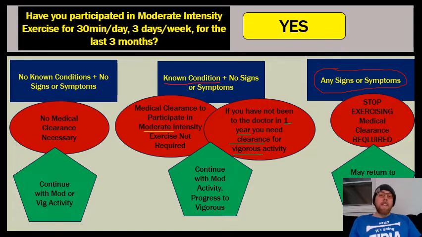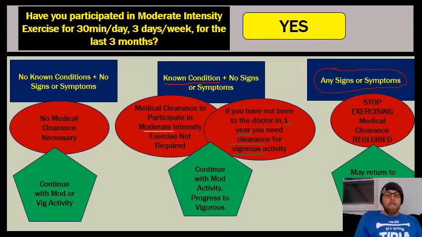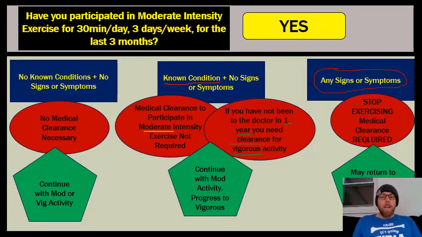If they say, yeah, I've been exercising 30 minutes a day, 3 days a week for the last 3 months, but they tell you they have any of these signs or symptoms, regardless if they have any known condition, they need to stop. They need to stop exercising right away and go see the doctor, right?